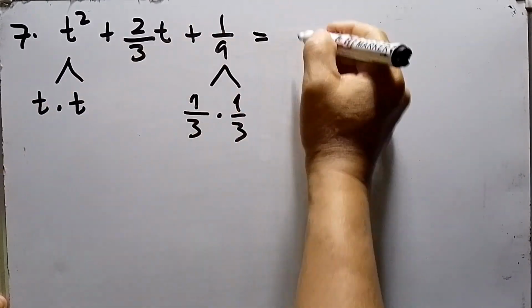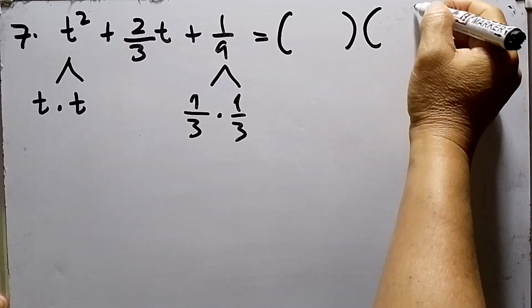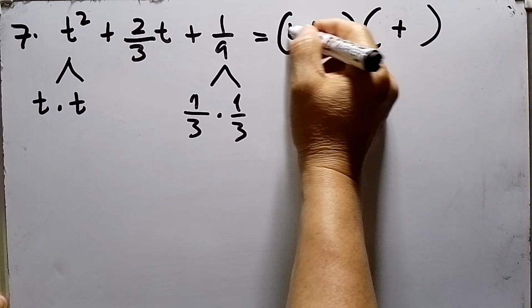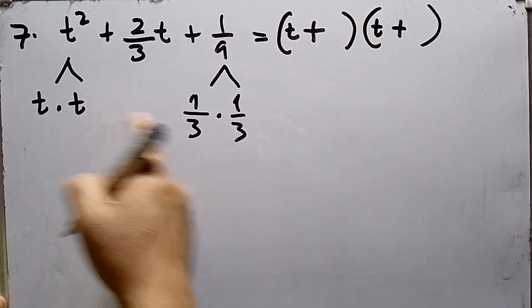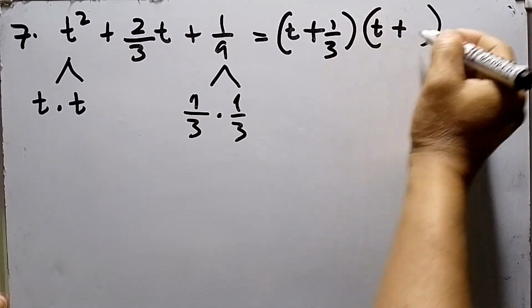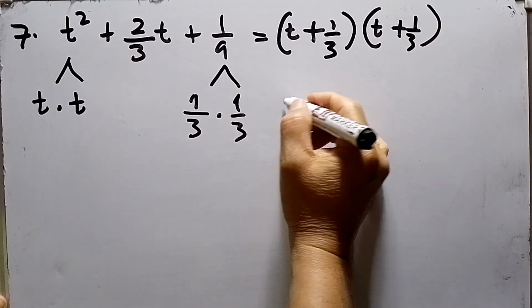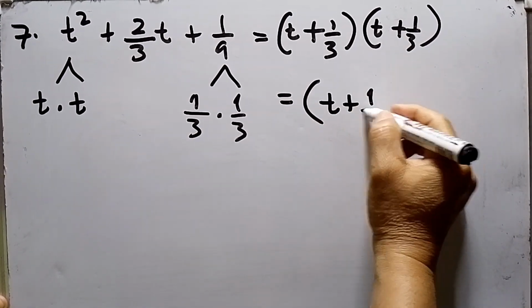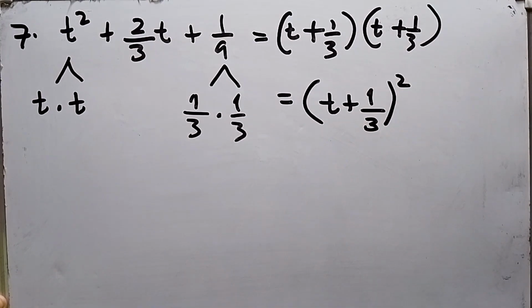Since this is addition, the factors are all addition also. So copy the first t, second t, then 1/3. Then this also 1/3. So to write simplest form, this will be t plus 1/3 squared. So that's number 7.